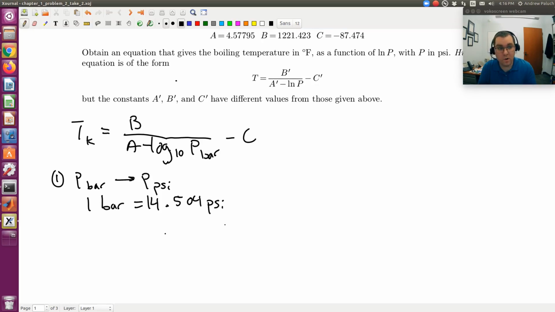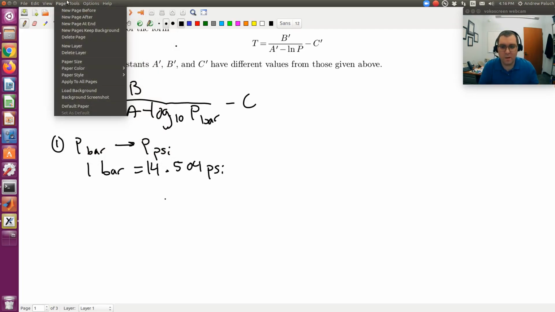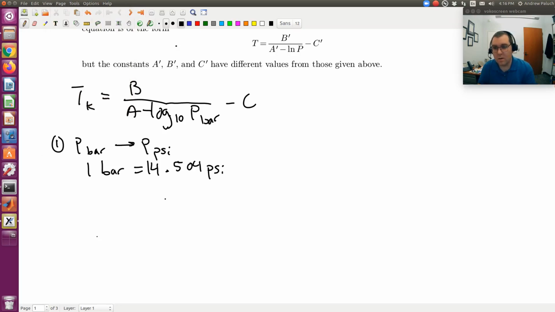All right, so if I want to give an input of pressure in PSI and then convert that to bar to use with this expression, then since 1 bar is 14.504 PSI, my pressure in bars would be equal to 1 over 14.504 times my pressure in PSI.